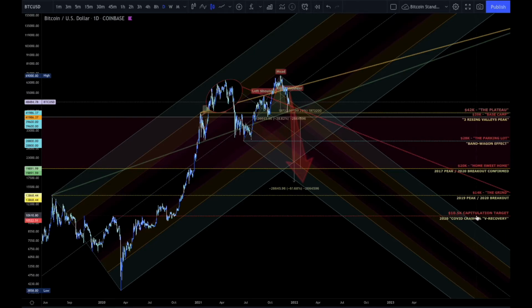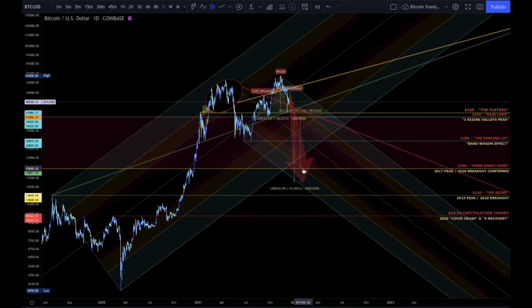We also have a capitulation target that's anchored to the V-shaped recovery that begins and ends this COVID crash. So that is the lowest we can go, and it would not surprise me if we do test this low.